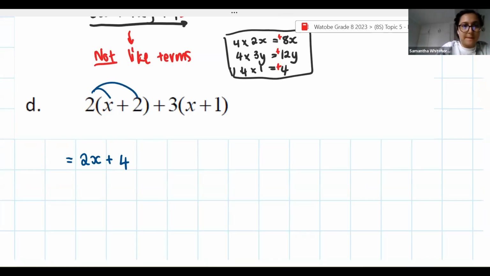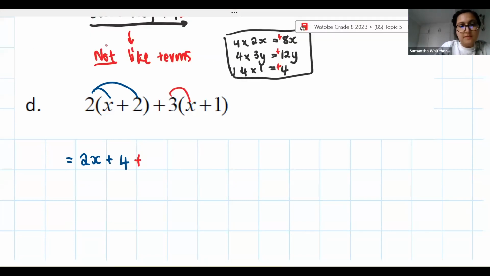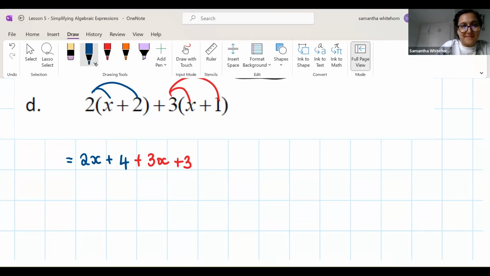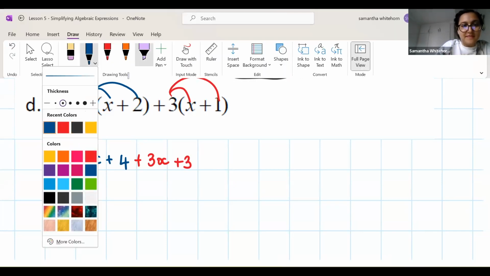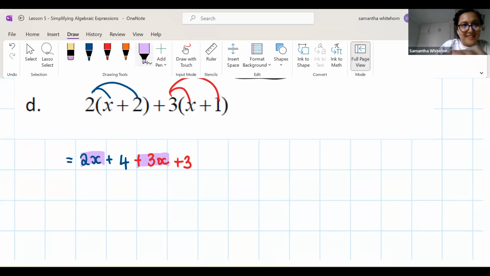Then I said plus 3 multiplied by 1 is equal to 3x. Then I said plus 3 multiplied by 1 equals 3. So because 2x and 3x have the same variable, I said 2 plus 3 equals 5x, and 4 plus 3 equals 7.